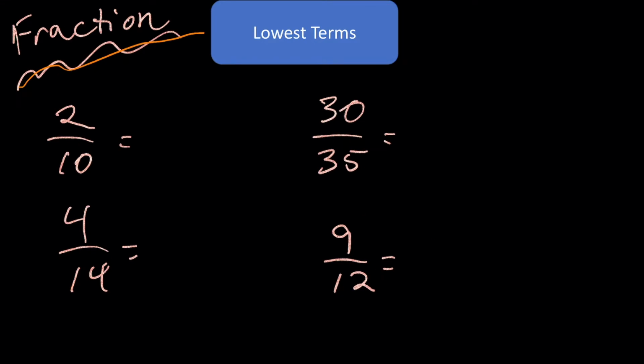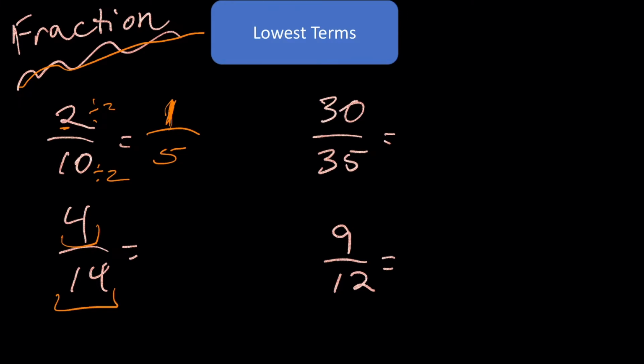All right. So reducing, I'm thinking to myself, what's the greatest common factor between 2 and 10? It's obviously 2. Because 2 can divide into both of them, I divide the top and the bottom by 2 in order to reduce it into its lowest terms, which is 1/5. Okay, the greatest common factor between 4 and 14 is 2 again.